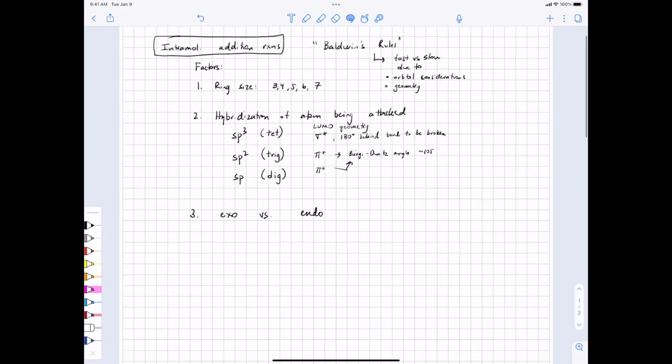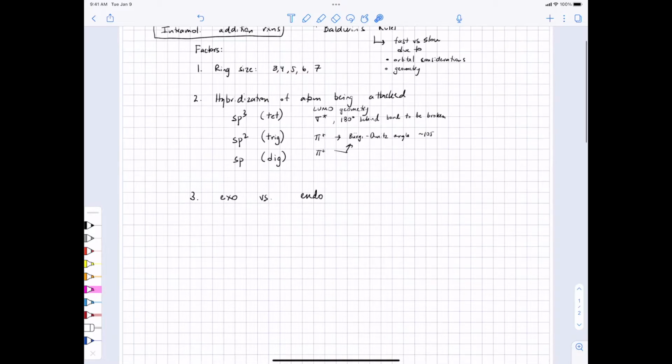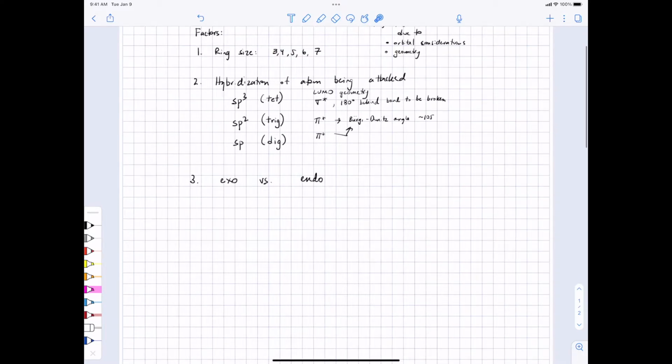And it's based on orbital considerations and geometry, and in particular this idea of the Bürgi-Dunitz angle, where if you're attacking a pi star, you're going to do that from a particular approach, and that is about 105 degrees away from the pi bond that you're attacking, above the pi bond that you're attacking.